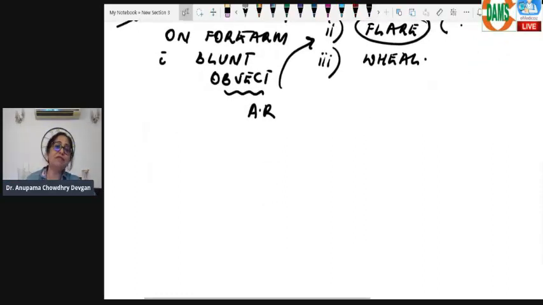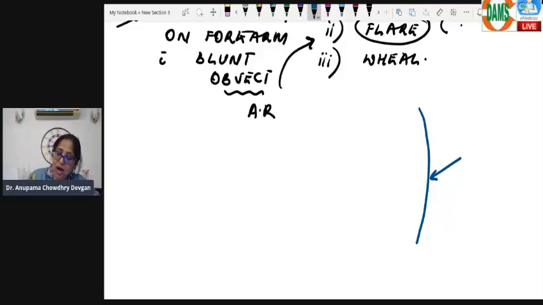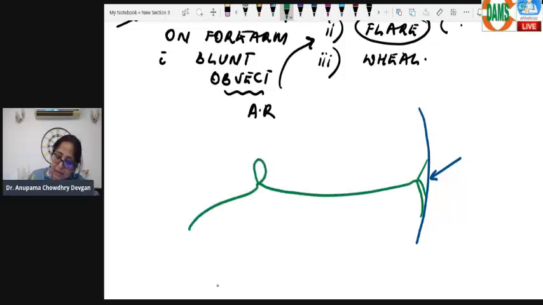Now, how does flare happen? Let's see how flare happens. Supposing, like I said, when you give a stimulus on the skin, you are exciting the C fibers. There is conduction of impulses via the C fibers into the spinal cord.